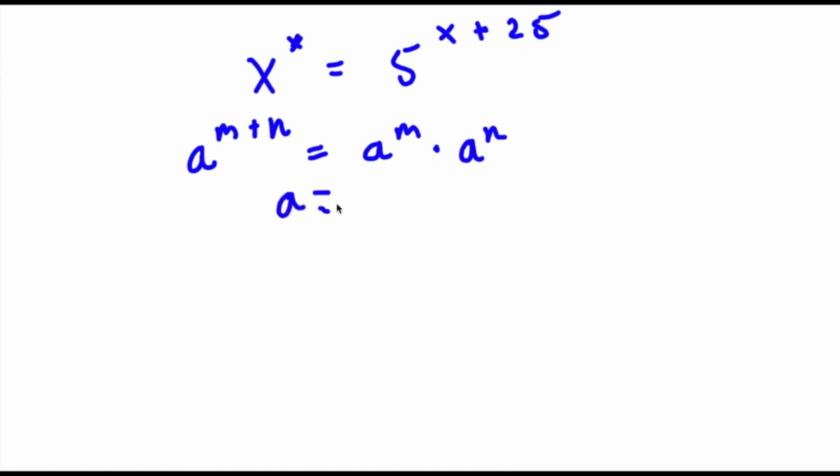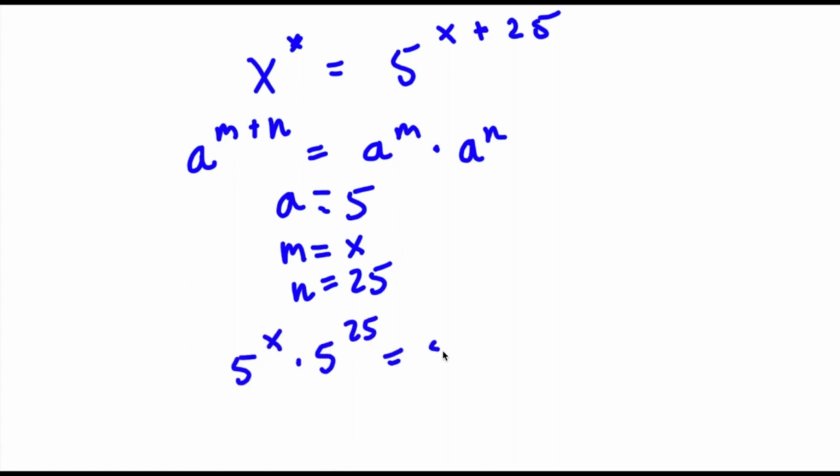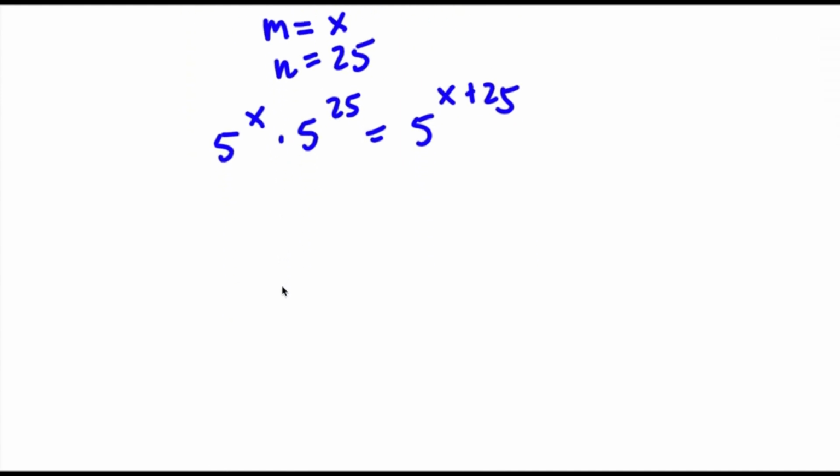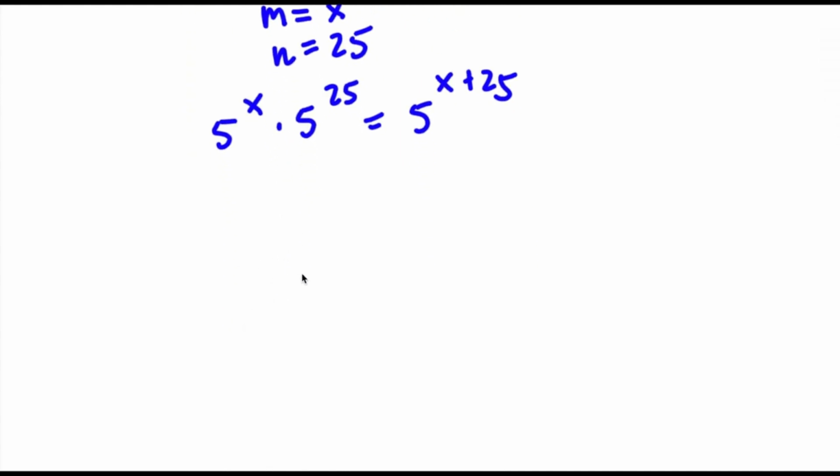We can think of a as 5 here, m as x, and n as 25. So now we have 5 to the power of x times 5 to the power of 25. So now we have x to the power of x is equal to 5 to the power of x times 5 to the power of 25.